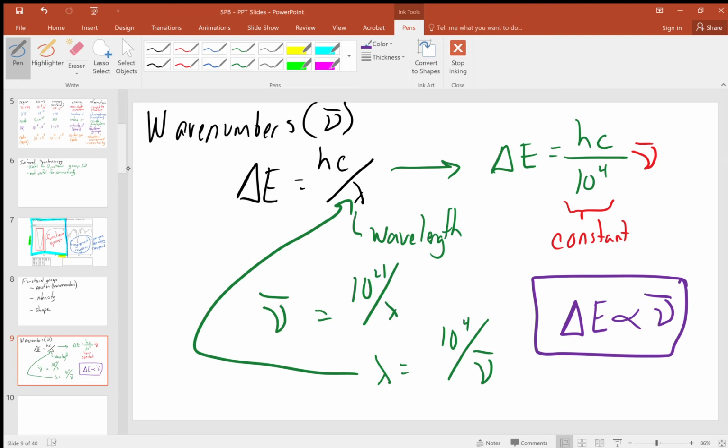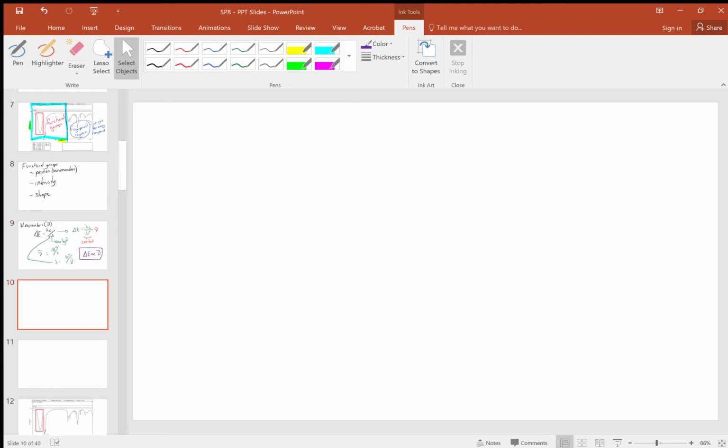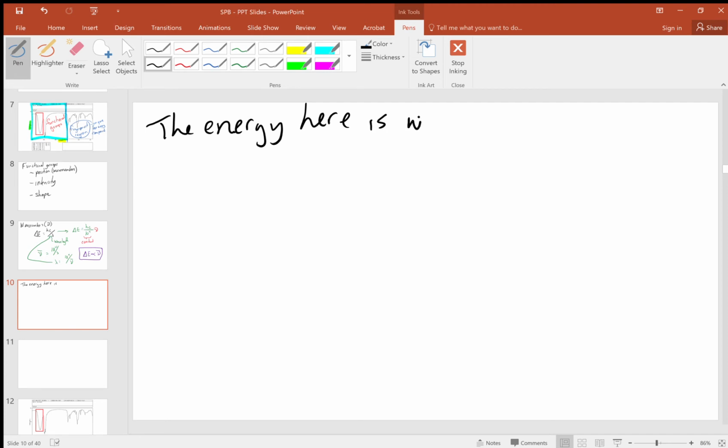All right, now why does that matter for what we're doing? Well, before we talk about that, let's get into some other details that are going to help us. The first is that the energy we're looking at here is pretty low, because we're not breaking bonds when we look at infrared.